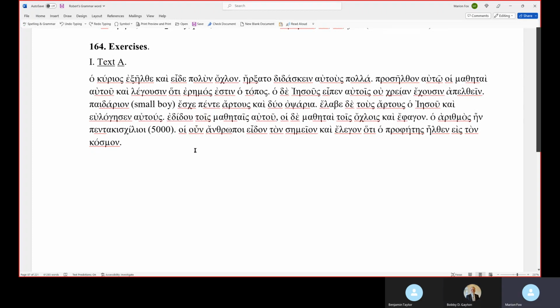But a lot of times the manuscripts will have movable nus when they're not needed. For some reason, they don't know why, but they began to start putting them in when they weren't always needed. So some of your manuscripts, on a word like this, may put a movable nu on it. You've got to watch them.